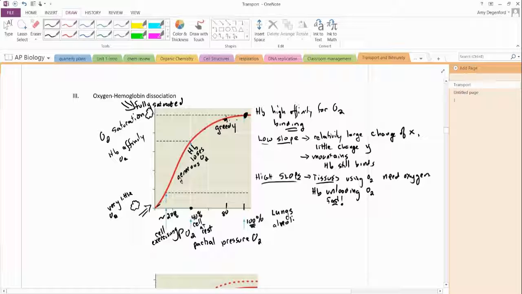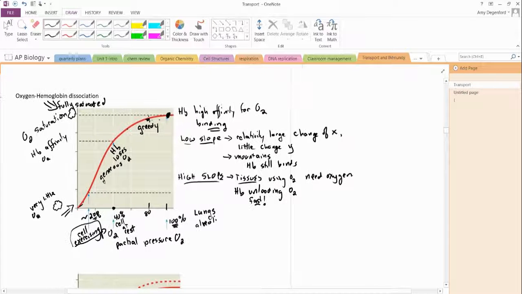And then we can even look down here at a cell that is really depleted of oxygen, down at 20%. Hemoglobin is even less likely to hold on to the oxygen. It releases it.